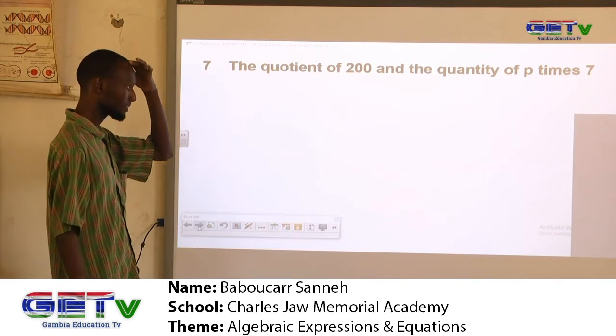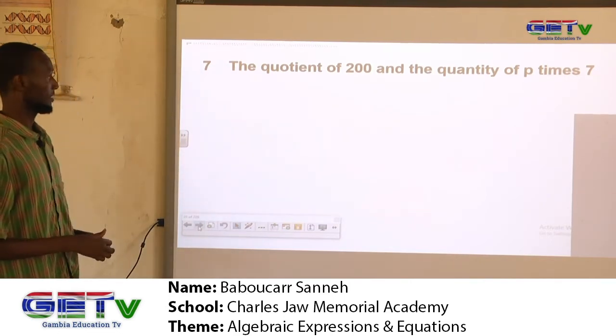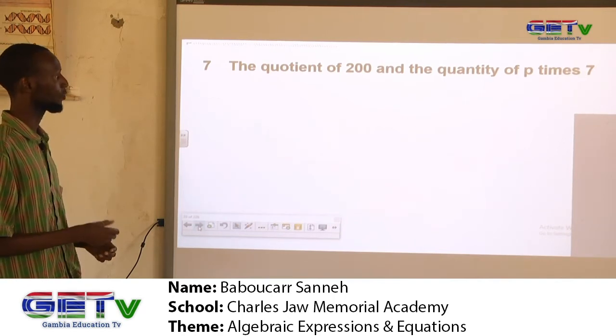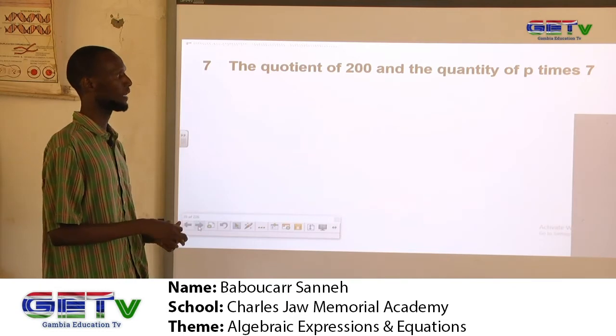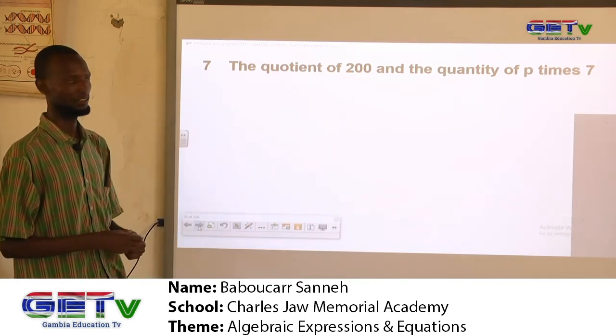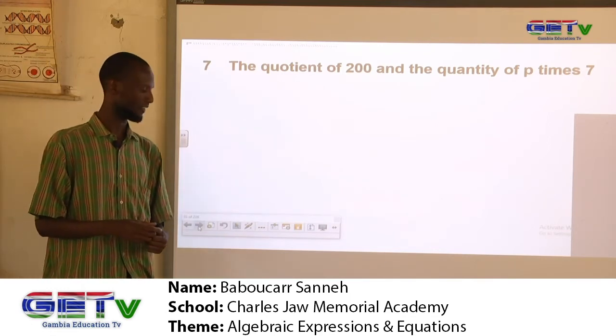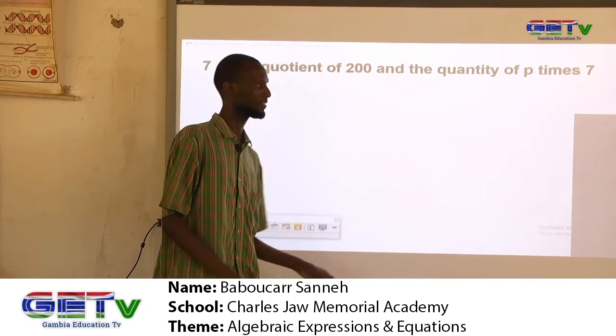Now, let's see if we can answer this ourselves. How do we write the quotient of 200 and the quantity of p times 7? Now, how do you write this? What are the key terms here?